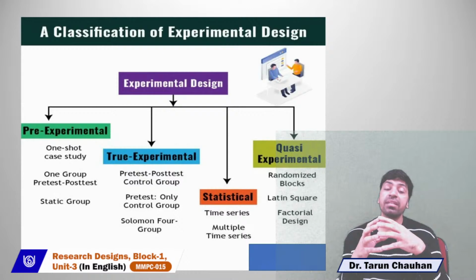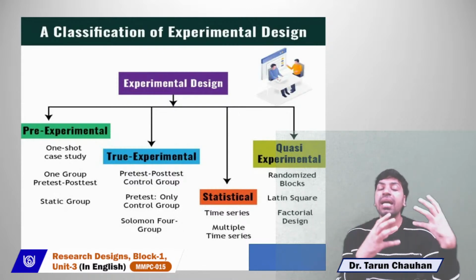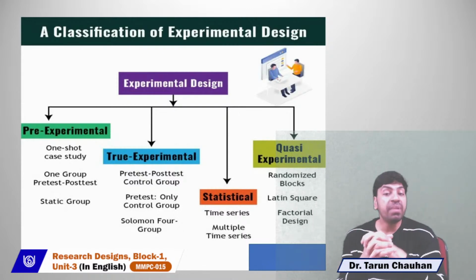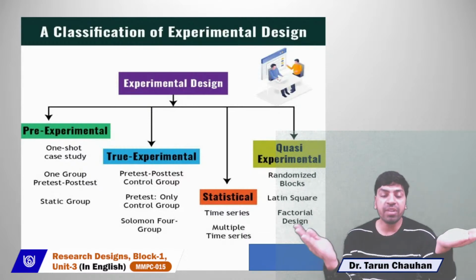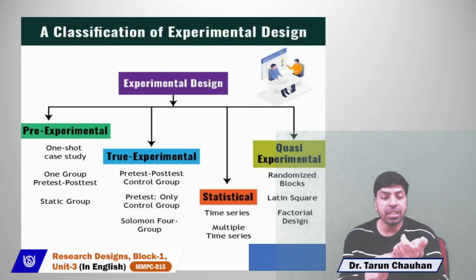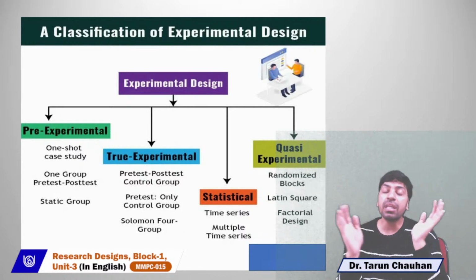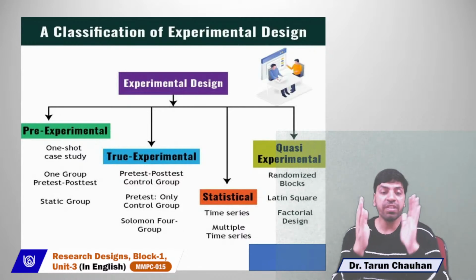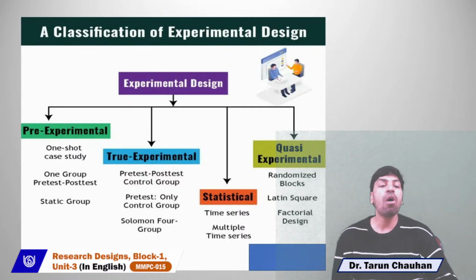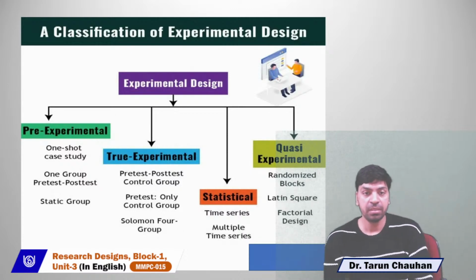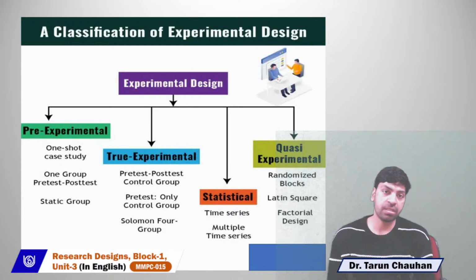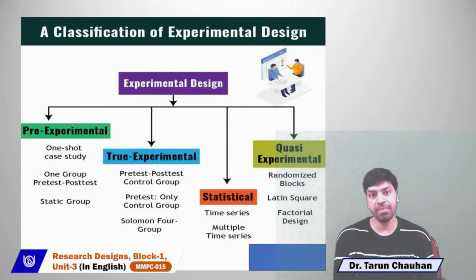That's why it is a very challenging and critical design to implement, because resources, time, energy and manpower are all important, as it is a physical testing process of a group of people in real-life situations. That's why it's called experimental research design.